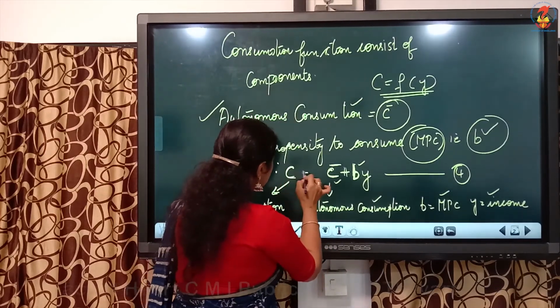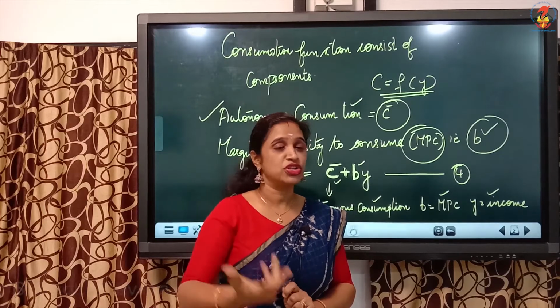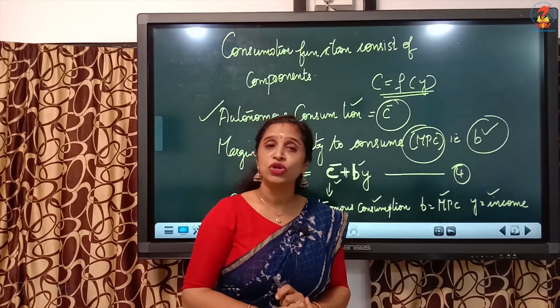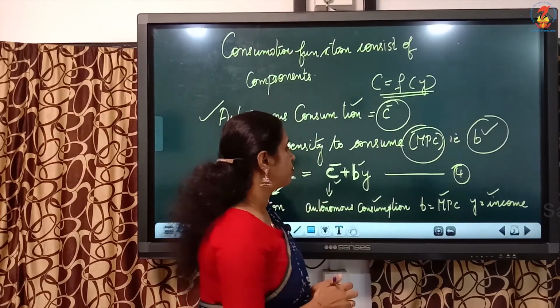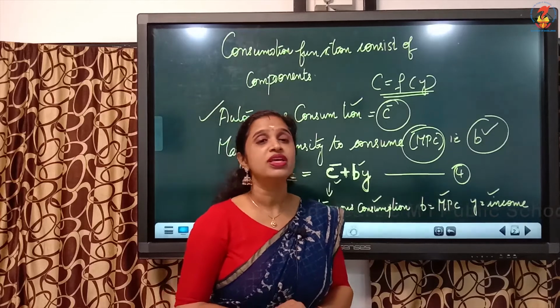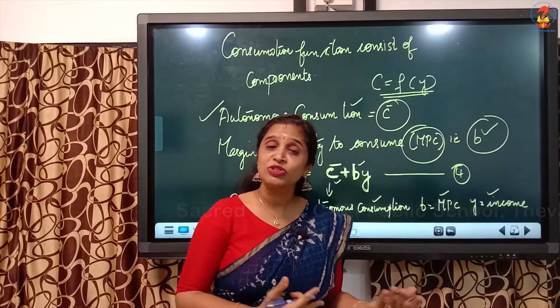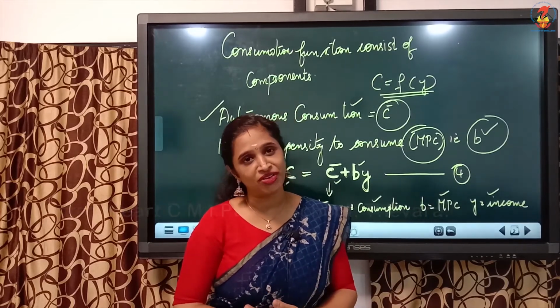C is equal to C bar plus BY, where C is consumption. Consumption consists of two aspects: autonomous consumption and marginal propensity to consume. What is Y? The level of income, because consumption always depends on the level of income.